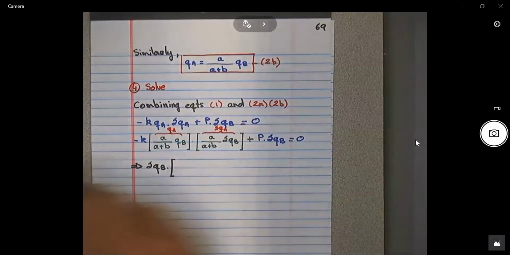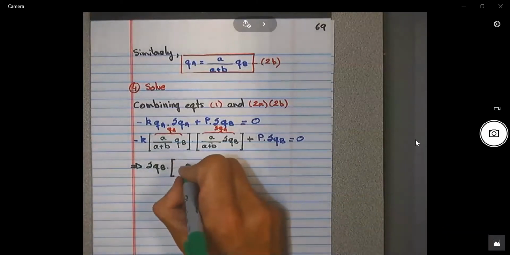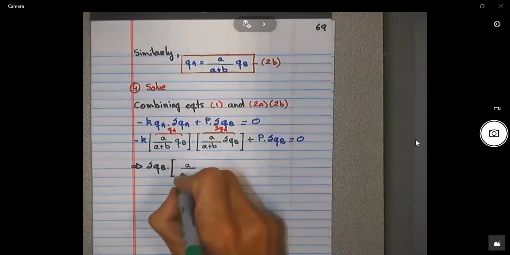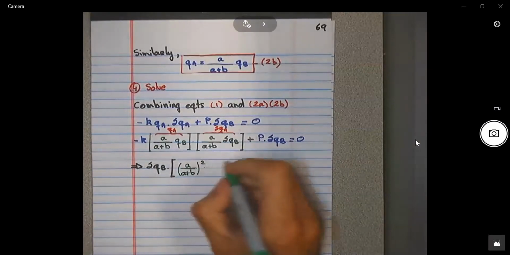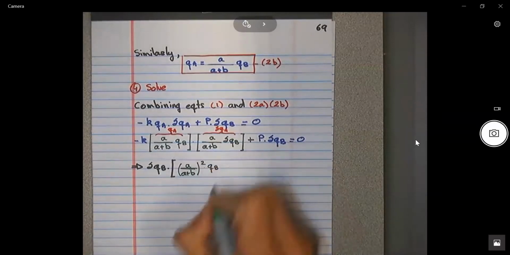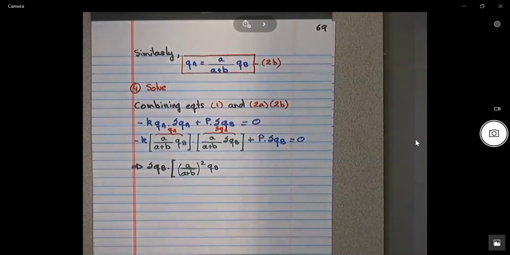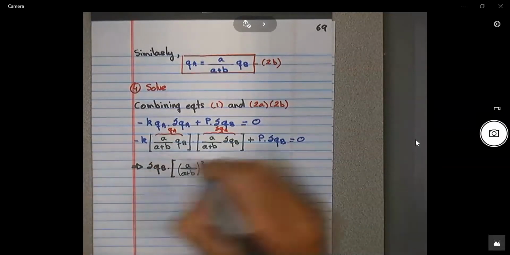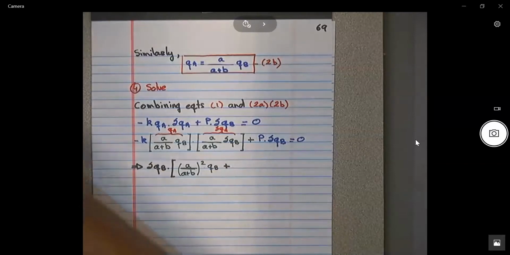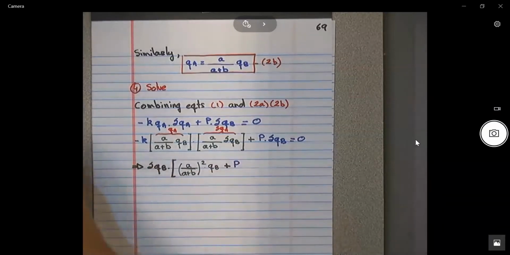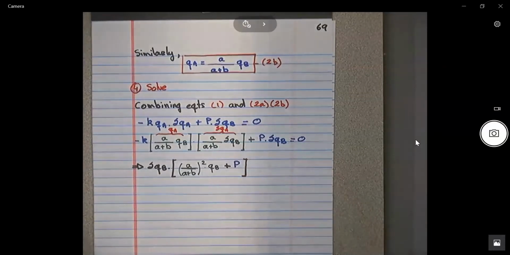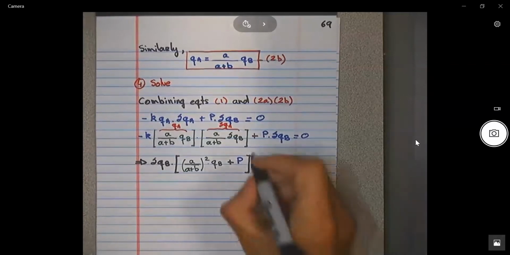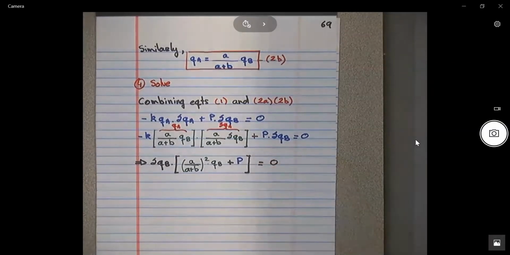On the first term, you're going to have a over a plus b squared times q sub b, plus p. And this should be equal to 0.